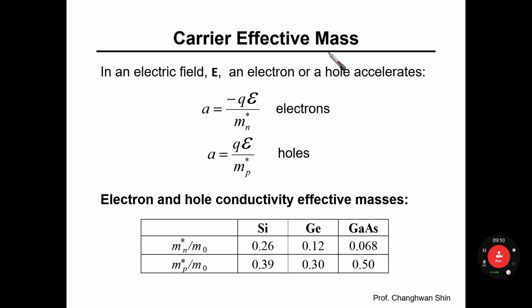Now, a carrier's effective mass can be determined in an electric field E. An electron or a hole can be accelerated because of this electric field, right? So the acceleration value a is equal to minus q times the electric field intensity E divided by m_n asterisk.